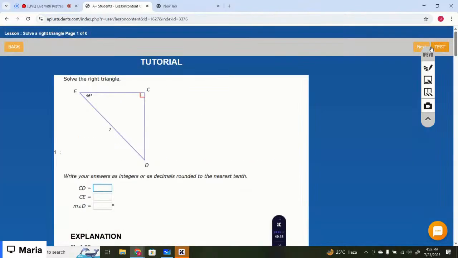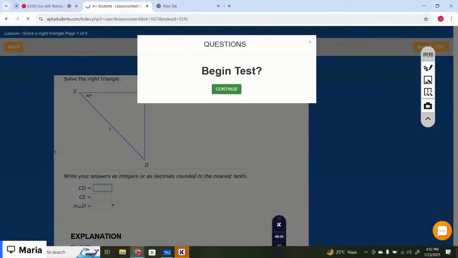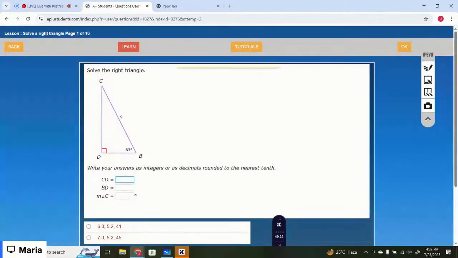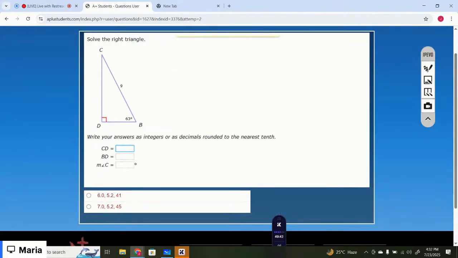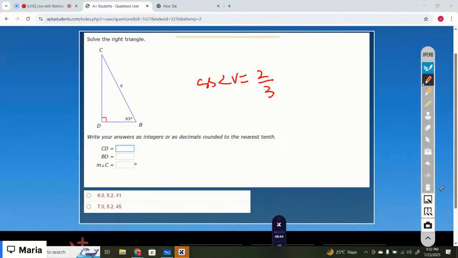Let's just start with the test questions. Solve the right triangle. So the first thing we are going to find is the angle, right?